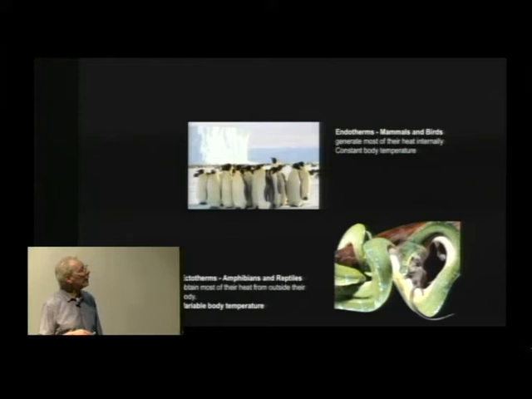Just like you and I, we are mammals, we maintain a constant body temperature, and we burn a lot of energy to do it. And we do all that inside. These guys probably are more significant for us because they, and I'll go into a little bit of the maths of this in a minute, get most of their heat from outside.